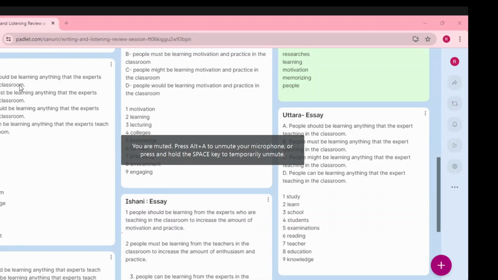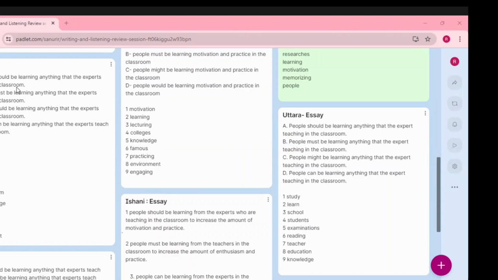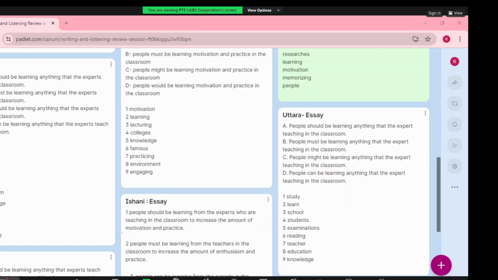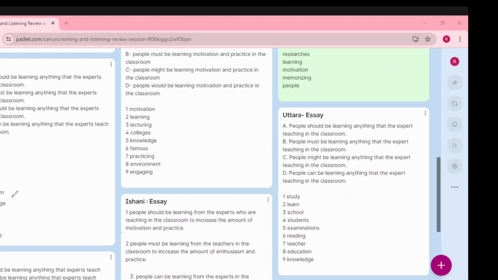Next, Neroja, people should be learning anything that the experts teach in the classroom. People must be learning, would be learning, can be learning. Okay. People practice learning, experts classroom. Here, Neroja, what is the mistake? Yes, keep that in plural form. Knowledge, skill sets. Let's take skills, okay?